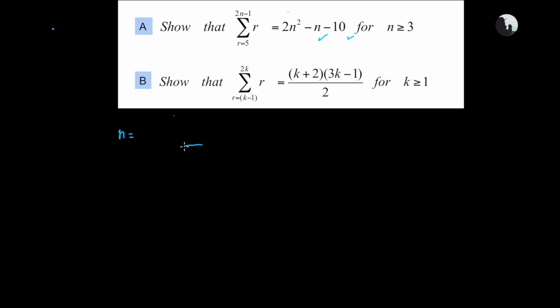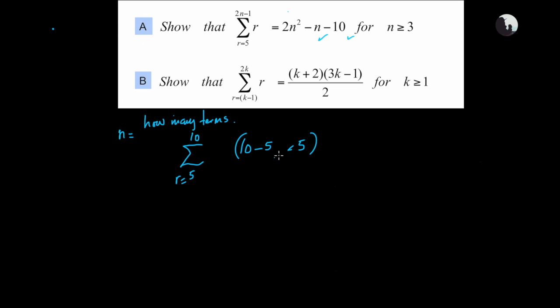Let's say you have the summation from 5 up to 10, for example. Do you know what n will be, how many terms do you have? From 5 to 10, how many terms do you have? It's not simply 10. Definitely it's not 10, because you only have 10 if you start with 1. But if you do 10 minus 5, you are going to get 5.